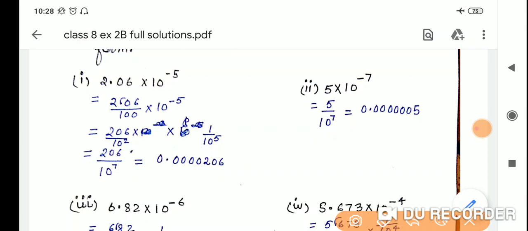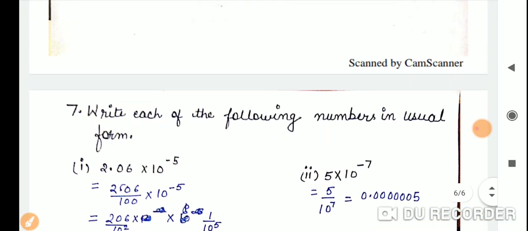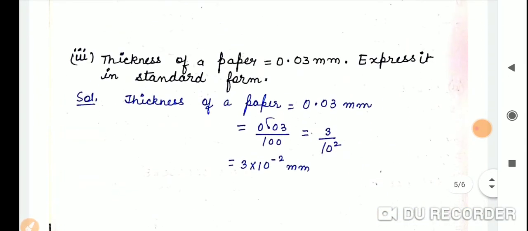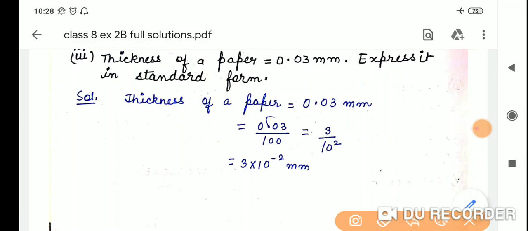It is not compulsory that you make the powers negative, but if while converting the question you need to make the power negative, then you will, as in question 6 and all the previous questions, like 3 into 10 raised to the power minus 2.